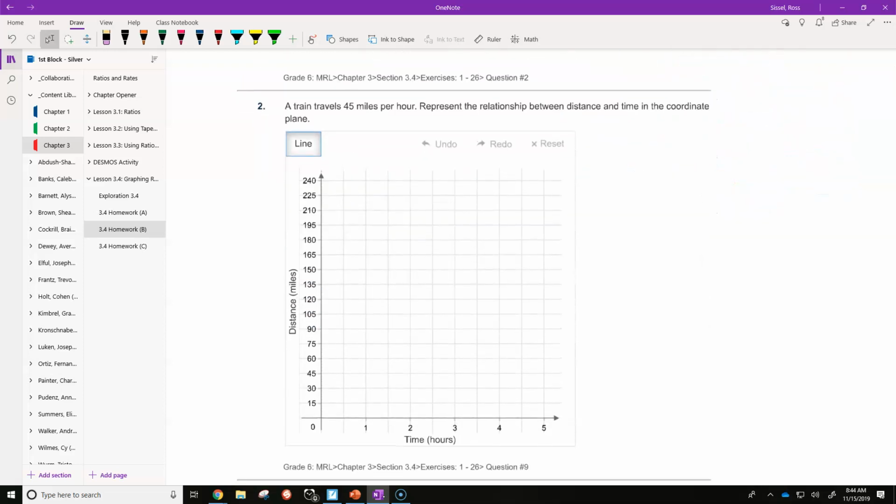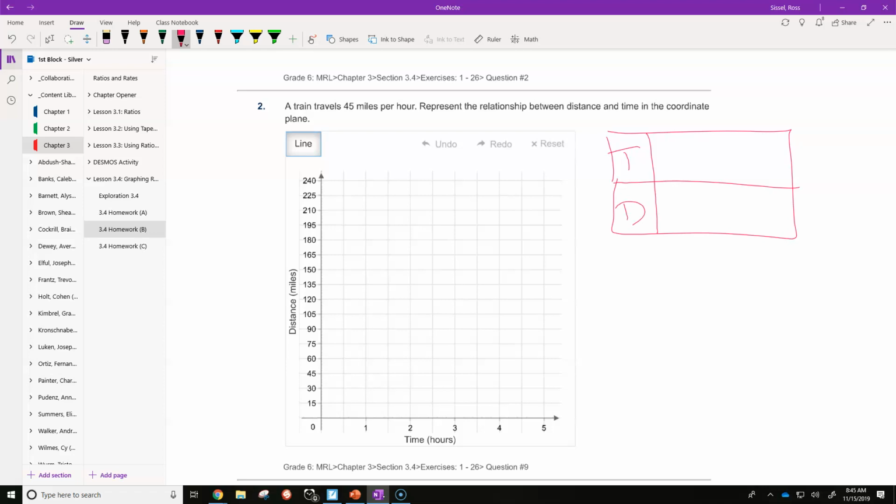Number 2. This is your graph. It says 45 miles per hour. There's no table. I hope you're listening, because if you mess this up, you're going to miss it. You should say, okay, time is here. Distance is there.